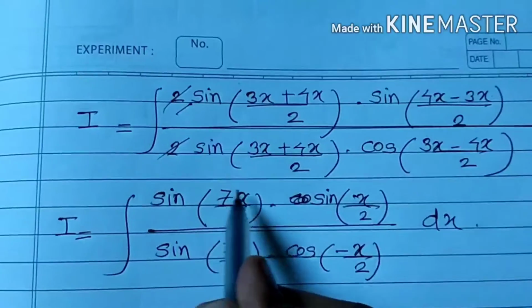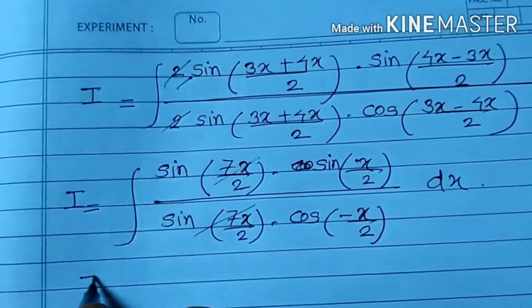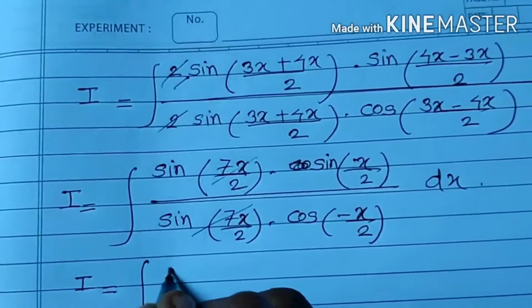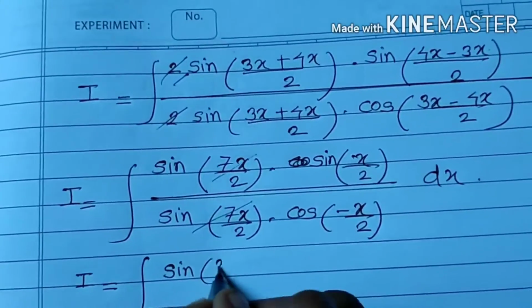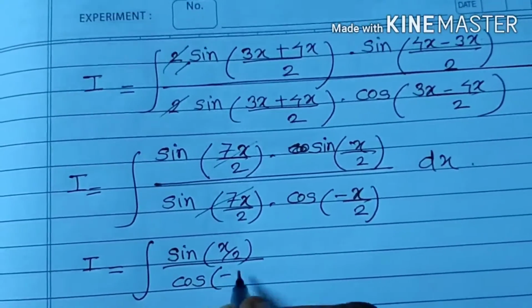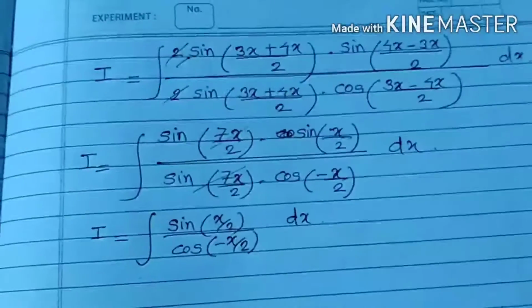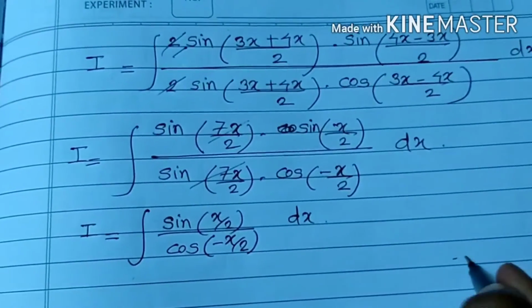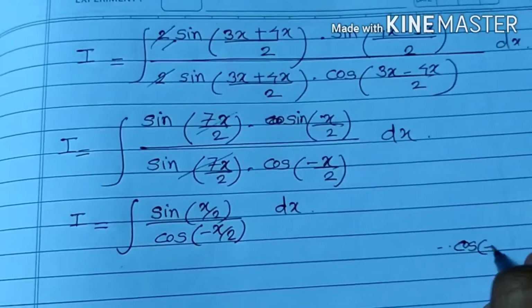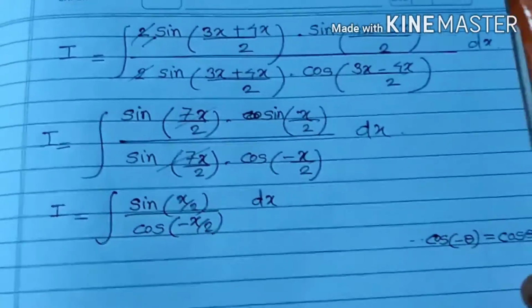So sin 7x/2, sin 7x/2 get cancelled. So only remaining I is equal to integration of sin x/2 upon cos of minus x/2 dx. But we know that cos of minus theta is equal to cos theta.